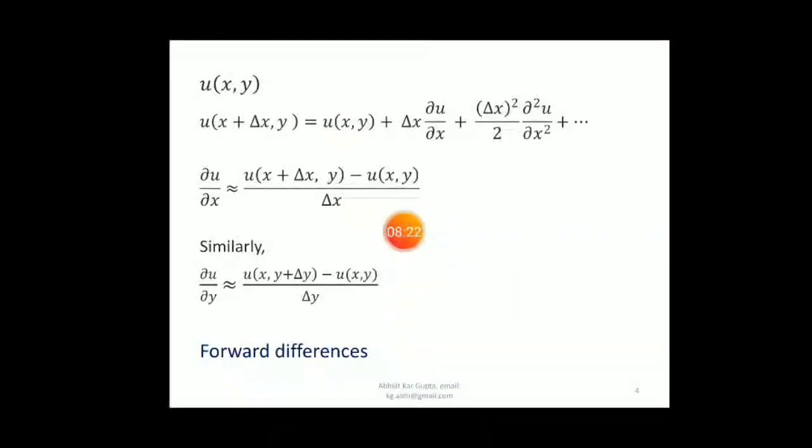The entire thing, where we discretize a partial differential or a differential in terms of some finite difference, is called the finite difference method.